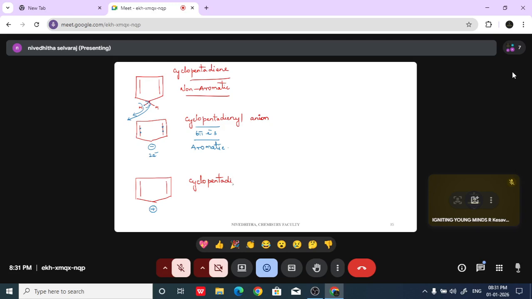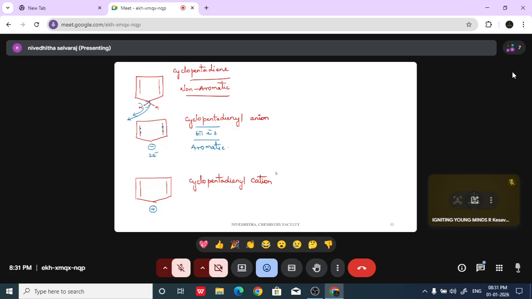Pentadiene cation. Very good. Cyclopentadienyl cation. That's it. Very good, Kana, and that was a good try. Cyclopentadienyl cation, because there is a positive charge, that's why cation.